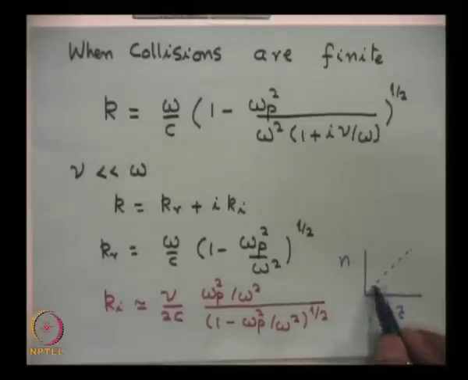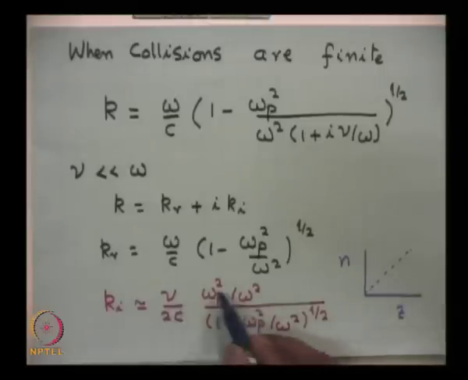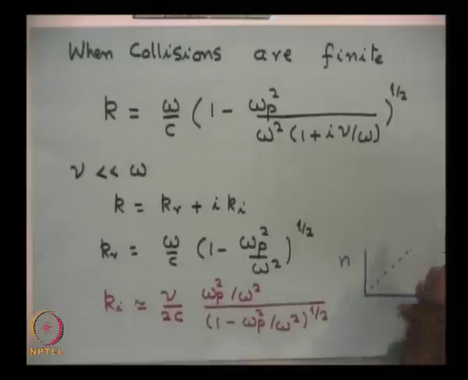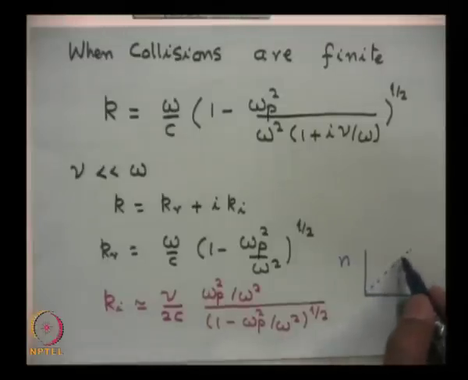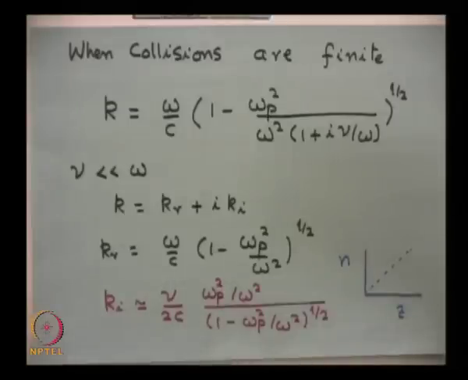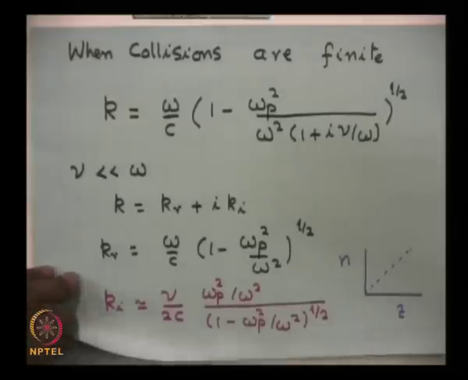So as the density increases, nu will increase, omega p will increase, this factor will decrease, and there is a considerable enhancement in Ki. So the wave gets very strongly damped as it travels deeper and deeper into a denser plasma. So that is the message contained in this expression.